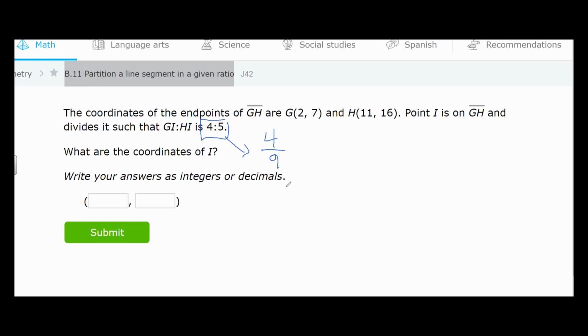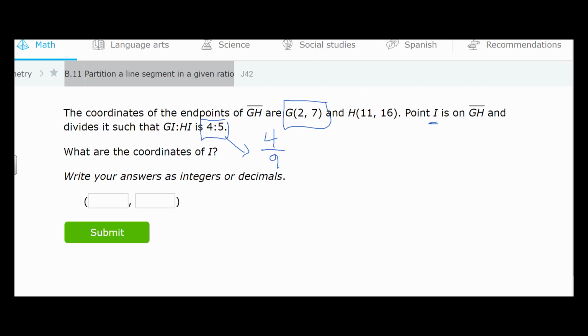I just add the two numbers to get the denominator. So this problem is basically saying locate a point I on segment GH that is 4/9 of the way from the initial point G.